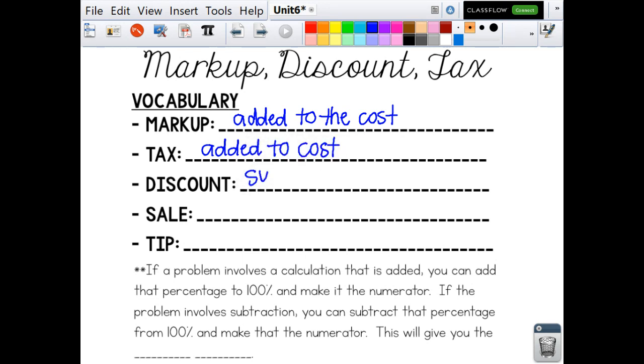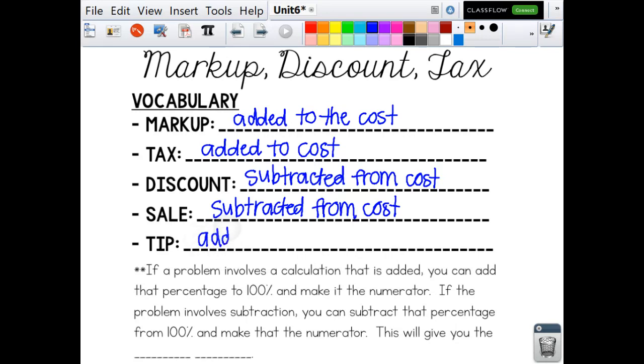Discount is subtracted from the cost. Sale is also subtracted from cost. And then tip is added to the cost.